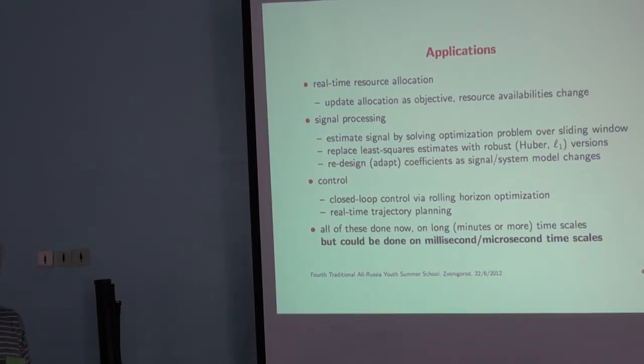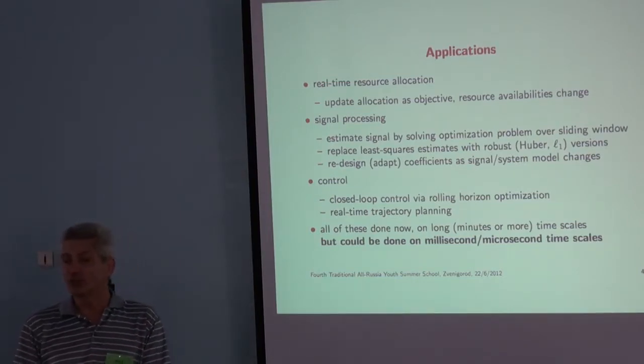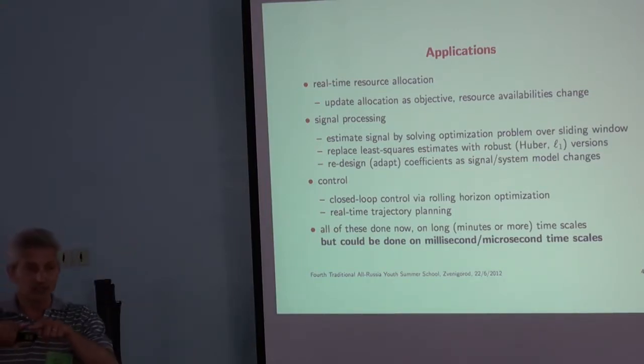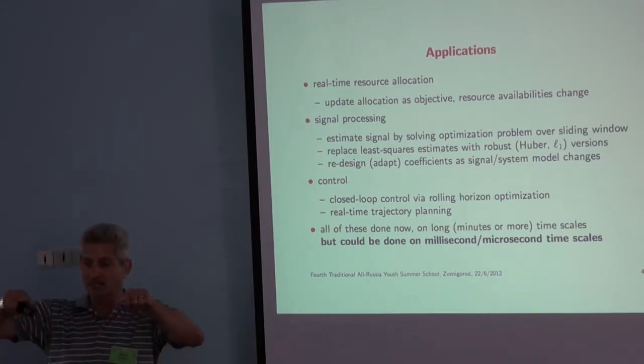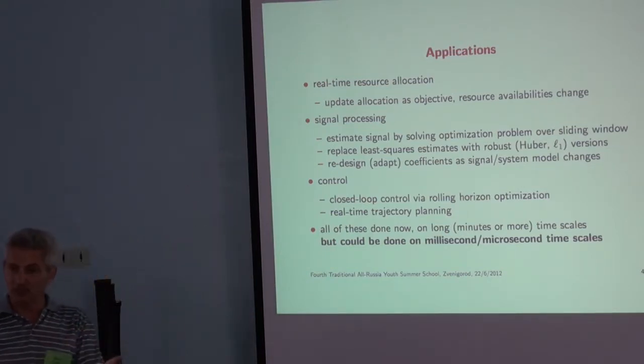So you could replace what was a least squares estimate, which would give you a Kalman filter. You can replace that with L1 or Huber. Right? Huber is a penalty function that's quadratic, and then it transitions to linear. Right? So it looks like for small things it's least squares, but then for large outliers it is L1, and it's incredibly robust to outliers.